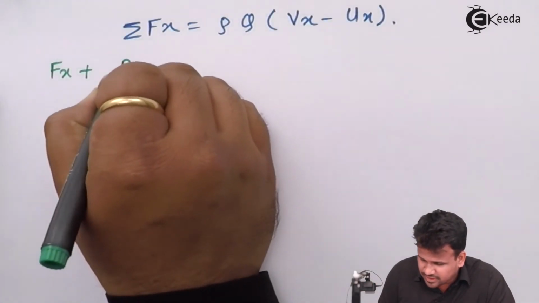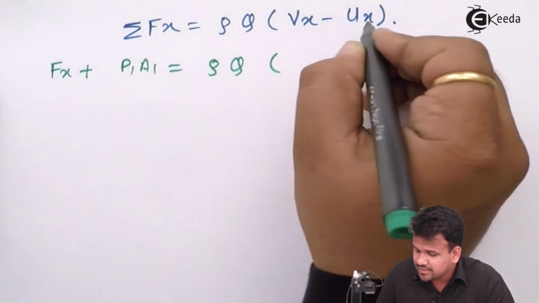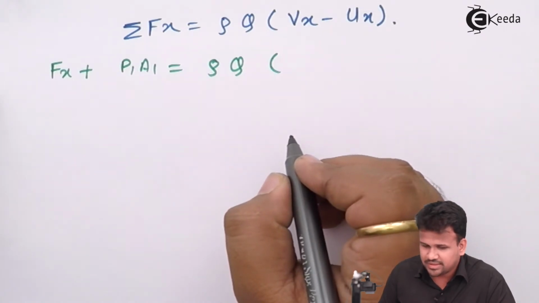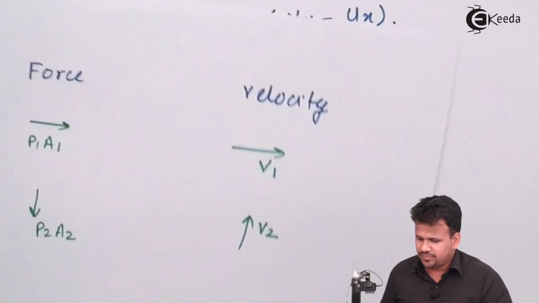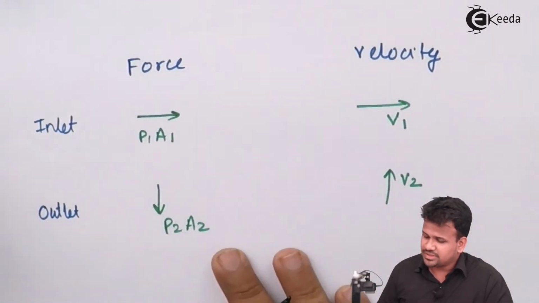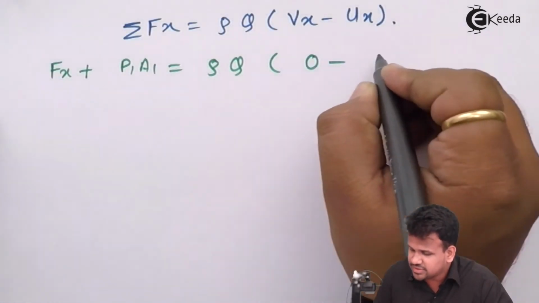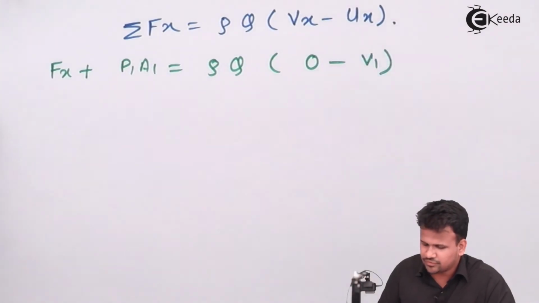This is P1 A1, which is equal to rho into Q, the velocity along x direction. The outlet velocity is 0, the inlet velocity is V1. So this will be 0 minus V1.